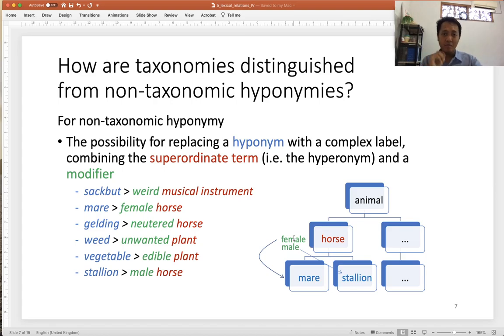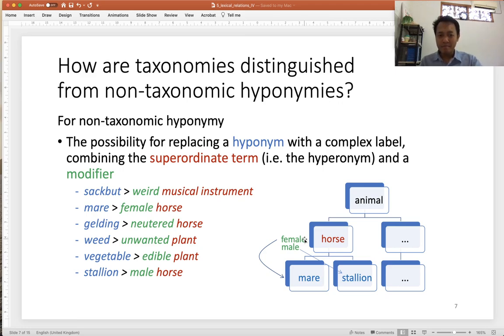For your information, female and male horse have their own names, and before reading this book, I also didn't know that there is a name for female horse. I know stallion, but not mare. So in that kind of situation where you don't know what to call this female horse, mare, you can go with this superordinate term and some adjective describing a gender, such as female, and it is possible to do that: combining superordinate term and modifier in non-taxonomic hyponymy.